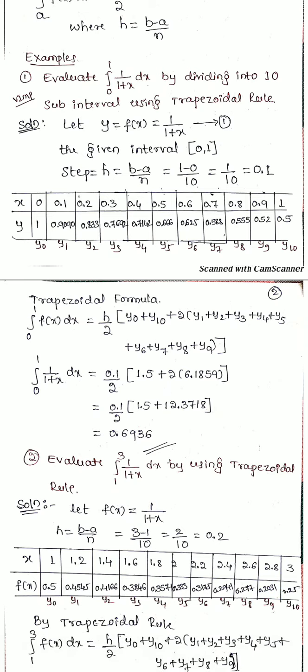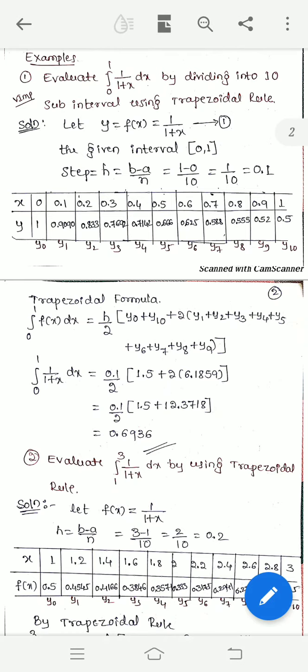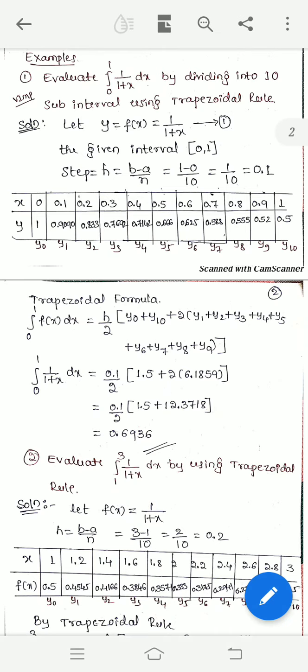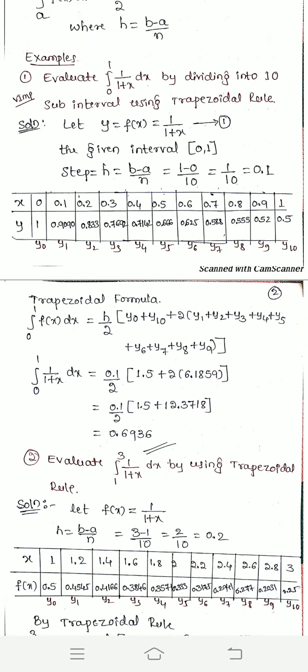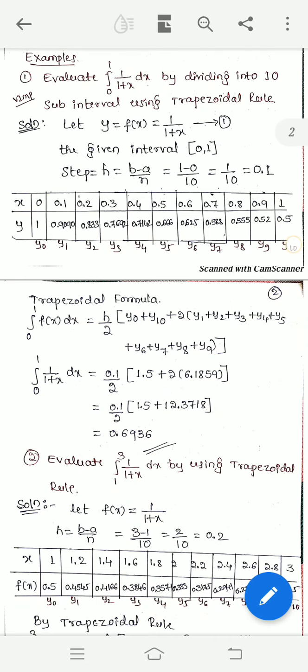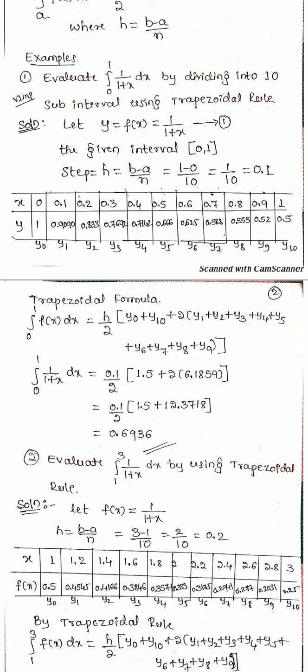If x equals 0.4, y equals 0.7142. In a similar way we have calculated up to x equals 1, where the y value is 0.5. Okay, so these y values can be denoted as y0, y1, y2, y3, y4, y5, and so on up to the last term, that is y10.